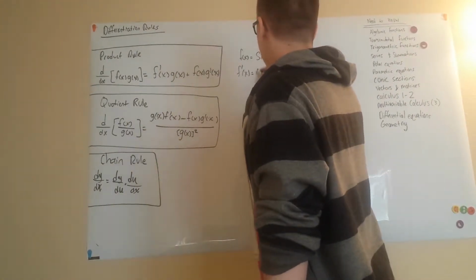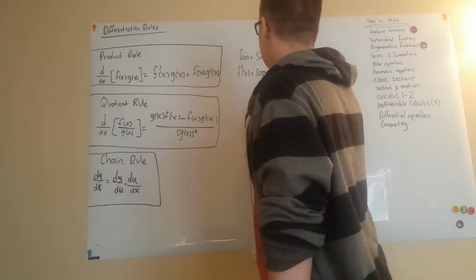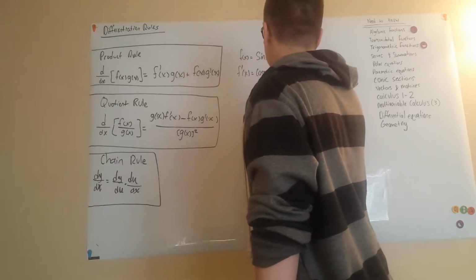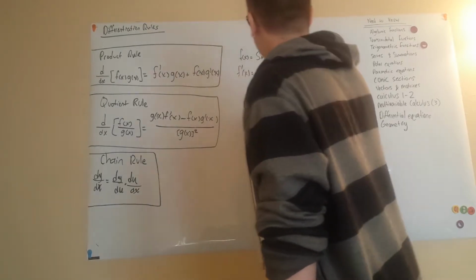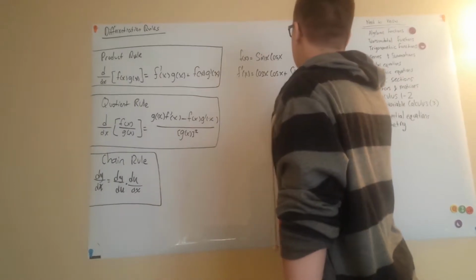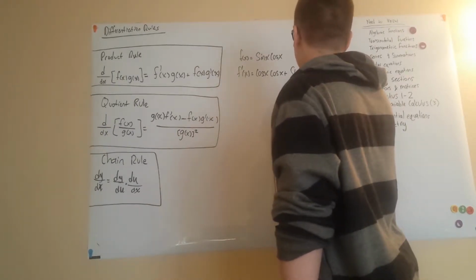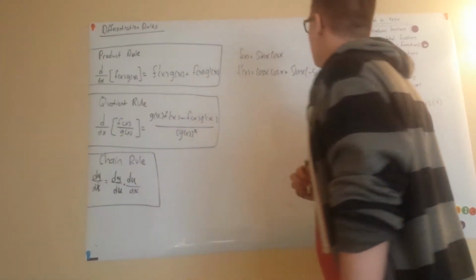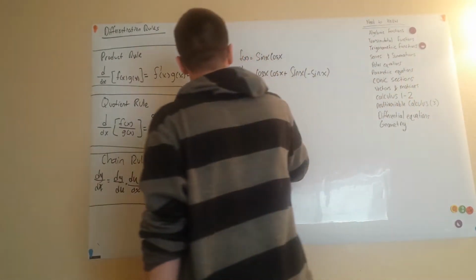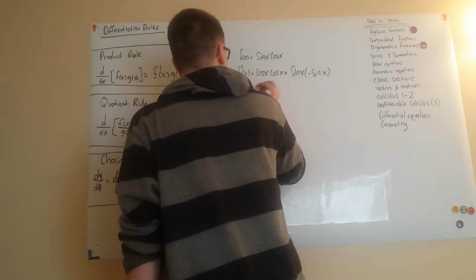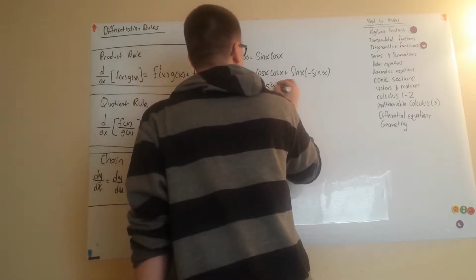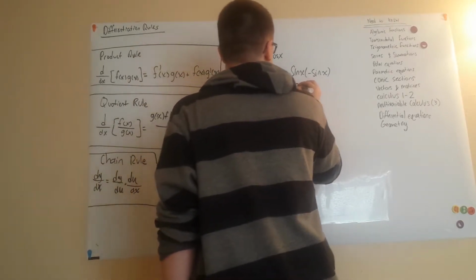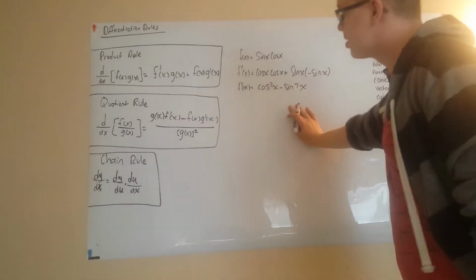The derivative of the first times the second plus the first times the derivative of the second. We can simplify this and we get cosine squared x minus sine squared x. That's your derivative.